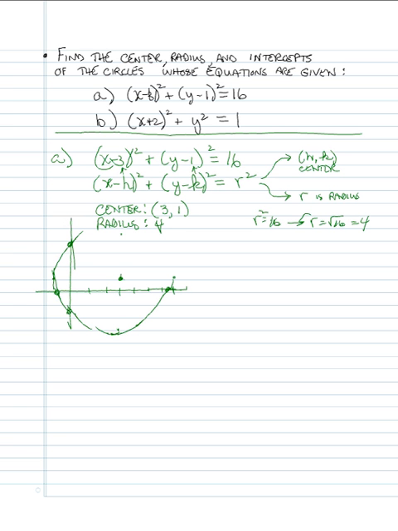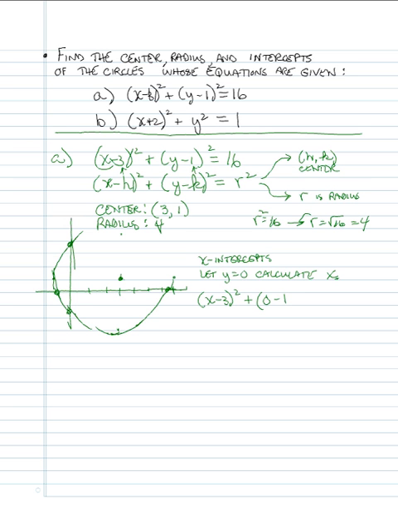Okay, so how are we going to calculate intercepts? Well, in general, how do we do x-intercepts? We let y be 0 and we calculate x, don't we? So we take our equation, which is x minus 3 the quantity squared, plus y minus 1, but we're letting y be 0.